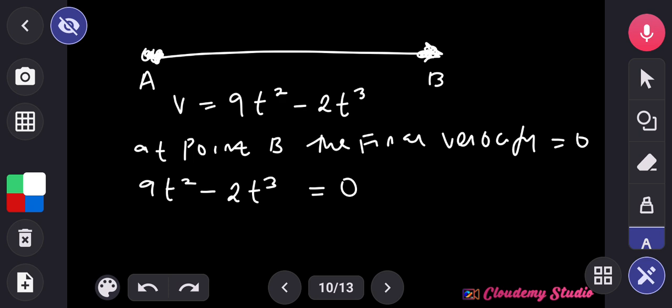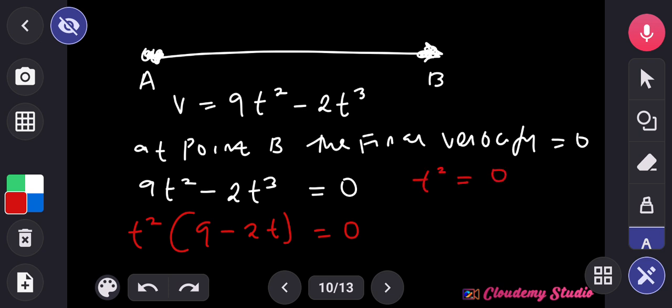Now, if you look at it very well, we can factorize out t squared from this. If you factorize it out, we're going to have t squared times (9 minus 2t) equals 0, right? It means that t squared can be equal to 0, or 9 minus 2t can be equal to 0.